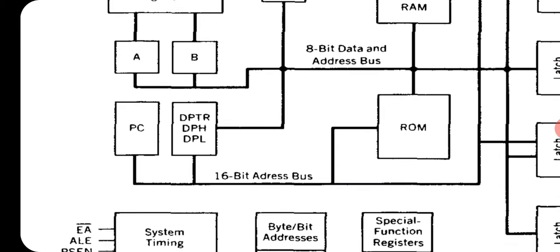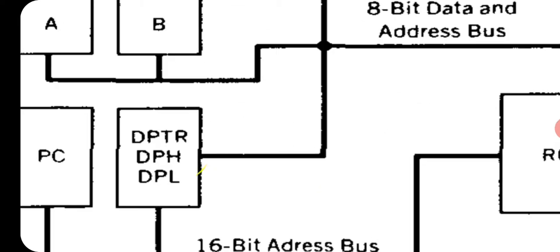Then down you have PC. PC means not computer. PC means program counter. Then you have DPTR. DPTR means data pointer. In that it has DPH and DPL, meaning DP high and DP low.